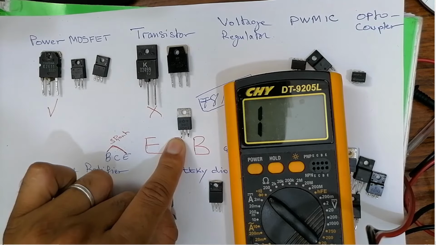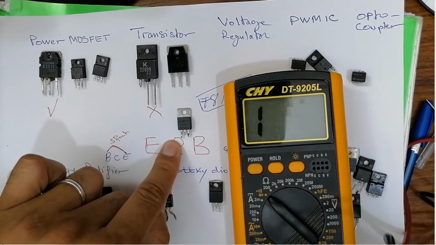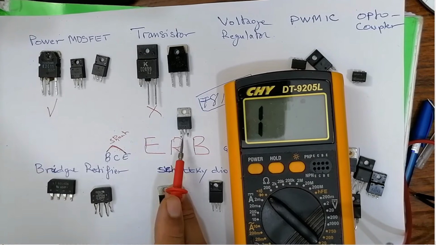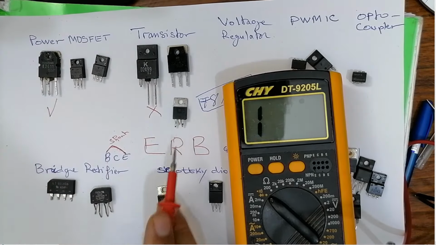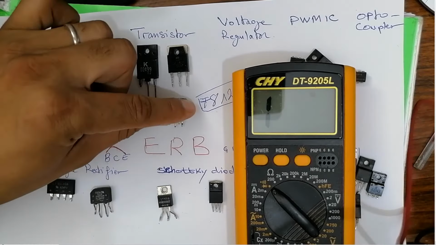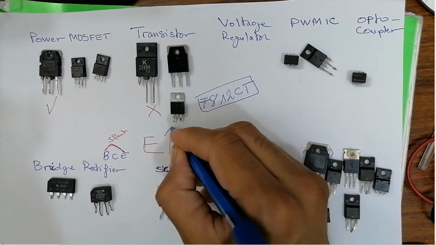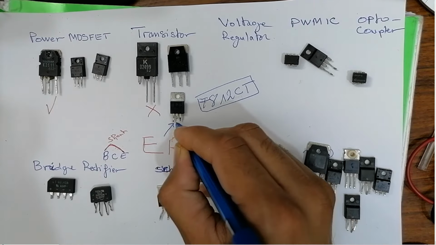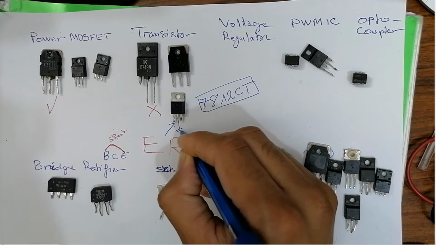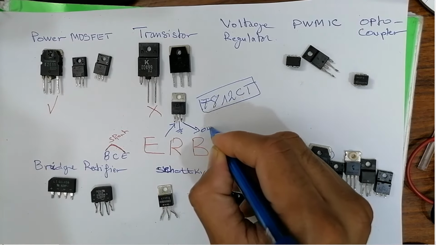For example, if the input voltage is 12 volts, give the voltage regulator 12 volts here in the input. Here we have input, here connected to the ground, and here we have output.